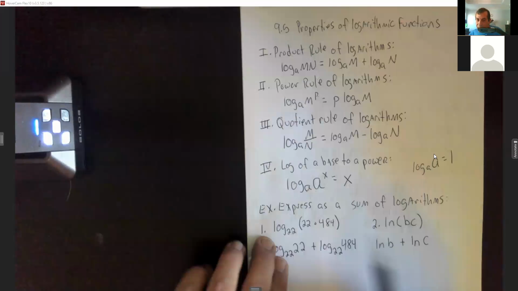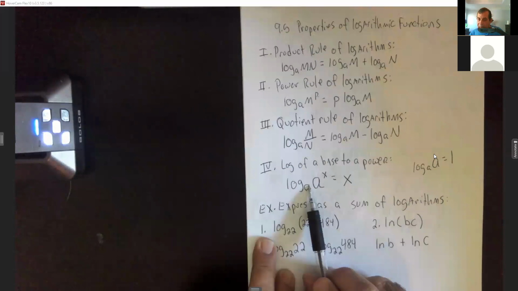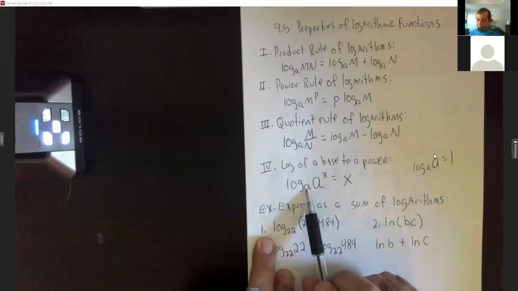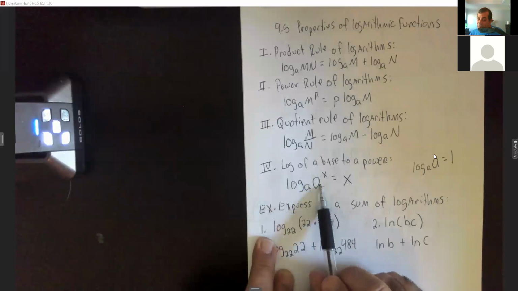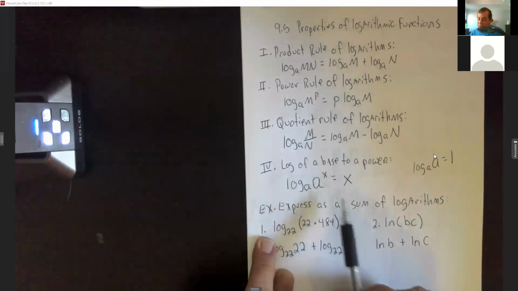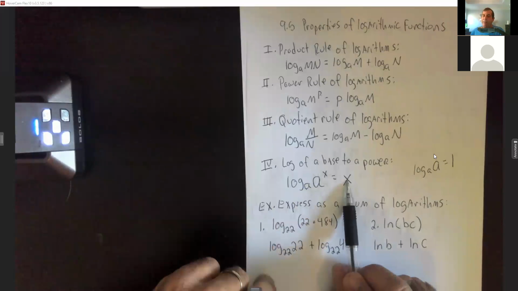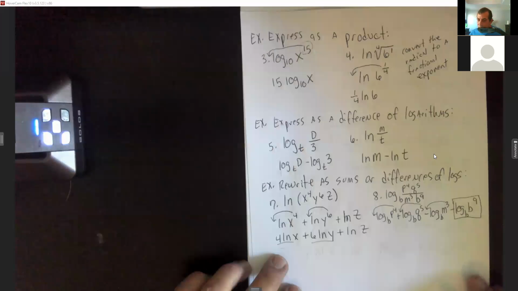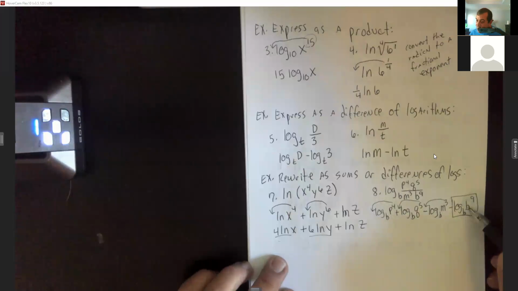That is going to follow property 4, which is the log of a base to a power. When the base of my log matches the base of my result to an exponent, the answer is always the exponent. So that's just going to equal a minus 9 when we rewrite that.